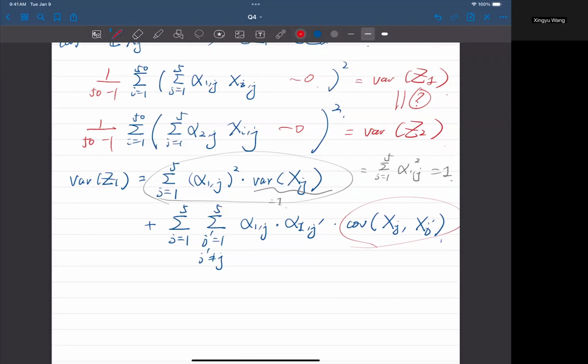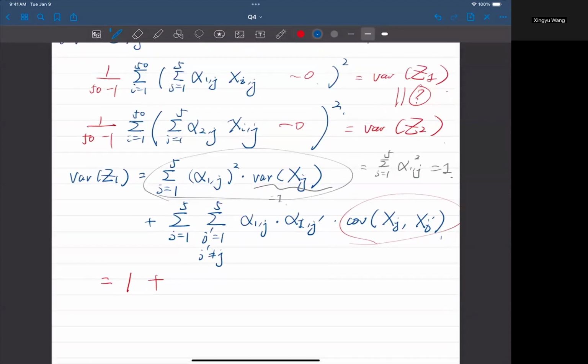This information is not provided at all, so the variance will be equal to 1 plus a term that we don't know how to evaluate, the sum over j prime not equal to j of alpha 1j alpha 1j prime covariance of xj and xj prime.